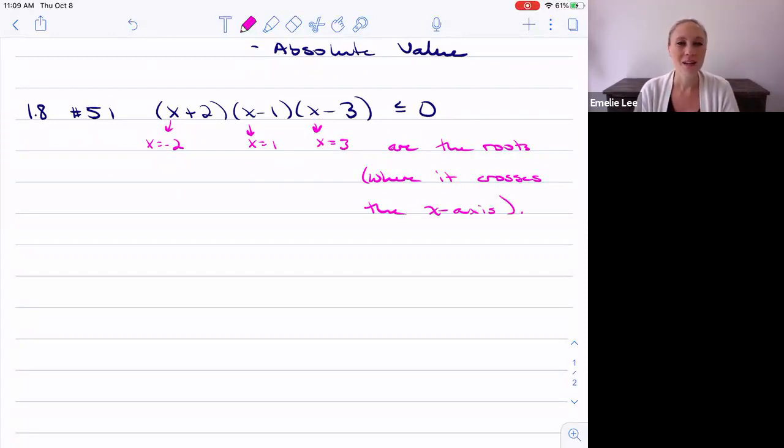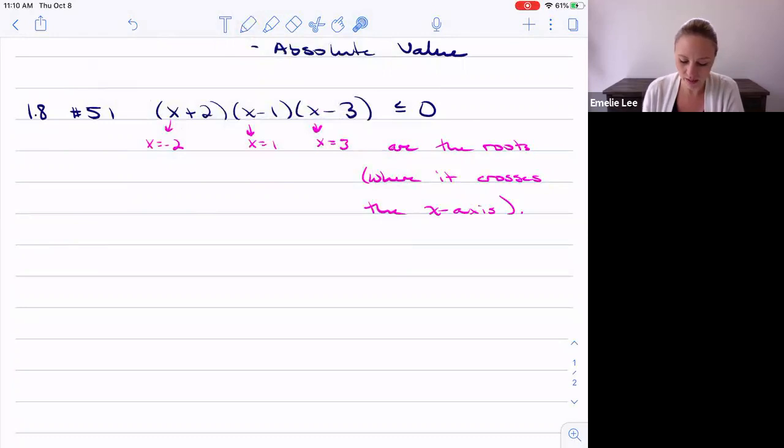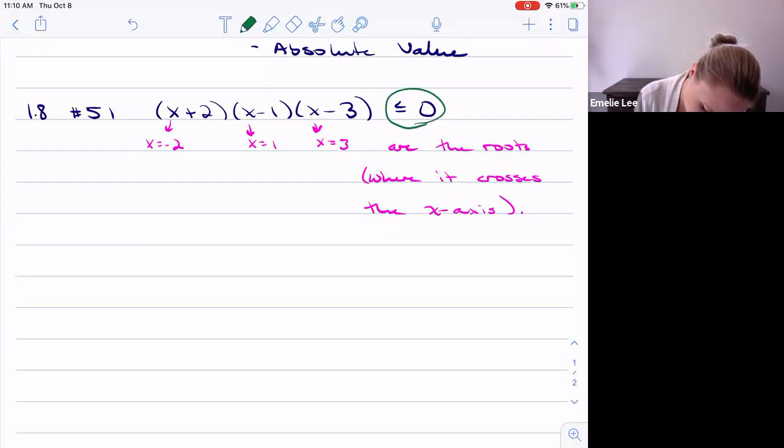Okay. So if we know that, then what we want to figure out is, if we expanded this, we would see that it's a polynomial and it would have some graph. So where is this graph less than or equal to 0? So here, we want to find where the expression is negative.